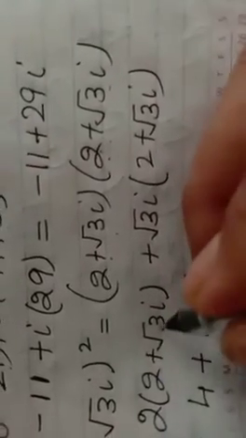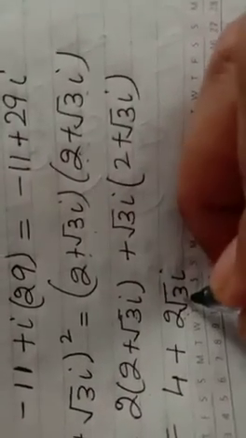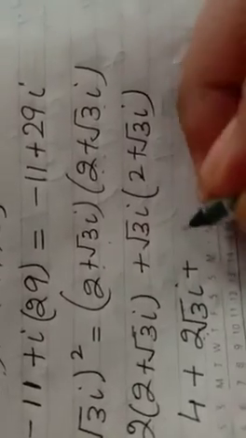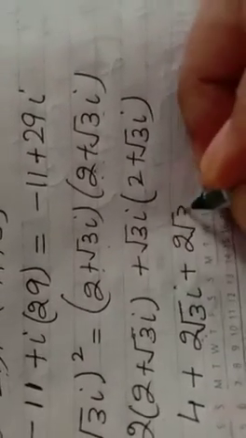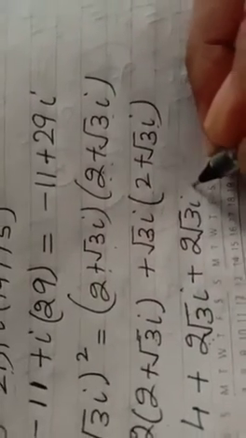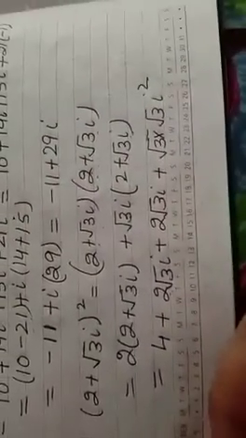These two can't be multiplied inside because it's already out of the square root. So this is lying here, 2 under root 3 iota. Similarly here, when this is multiplied, this is also lying outside, 2 under root 3 iota. Then under root 3 iota is multiplying with under root 3 iota, so it becomes iota square.